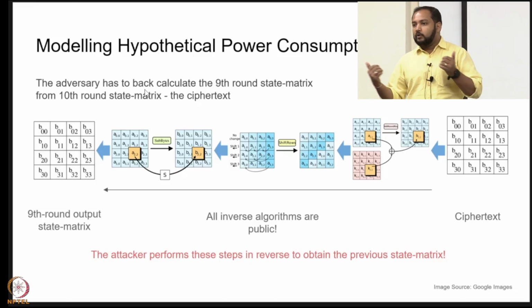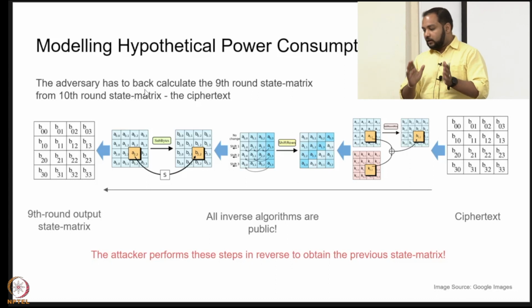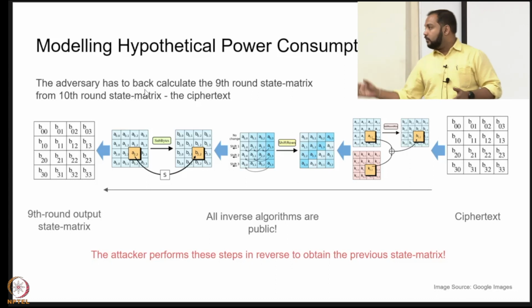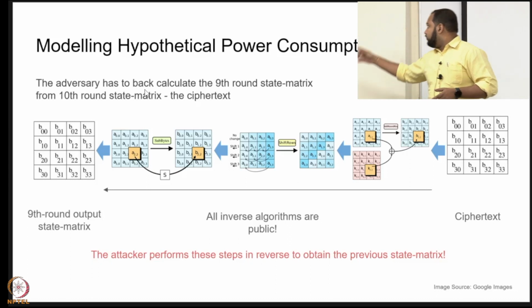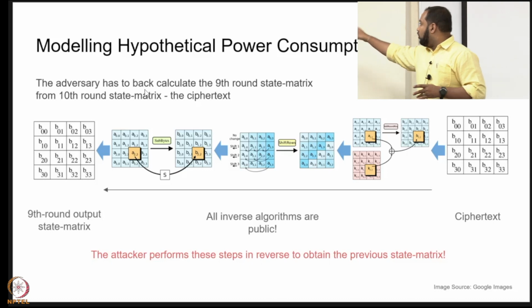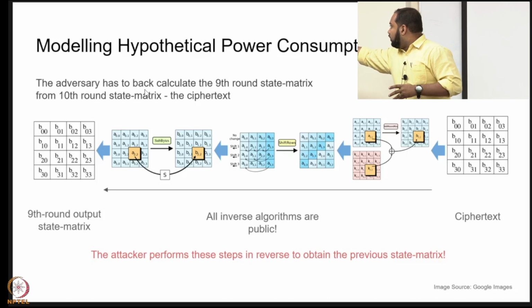So how will we be going back? We will be making key guesses, targeting a single byte. Suppose over here we target B00, the first byte. Based on that we will XOR it with the last round key, and then perform the inverse. Suppose this B00 is the direct output of the first row of the shift row operation.